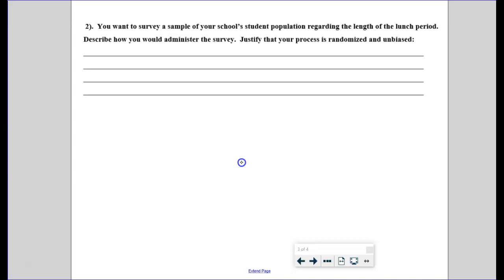You want to survey a sample of your student population regarding the length of the lunch period. There are some keywords there. We're going to survey a sample of the population, so the entire population would be the student population, and I just want a sample, but you got to make sure a couple of things are done properly. How are you going to distribute the survey? Again, you're going to explain to me how you are going to distribute it and to whom.